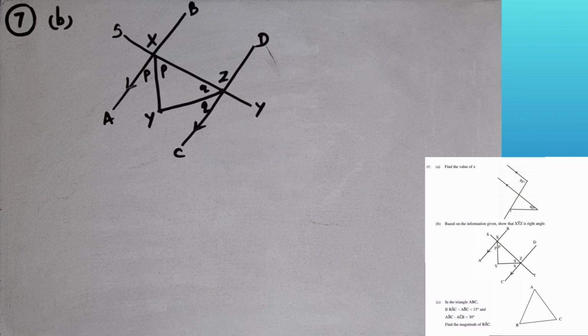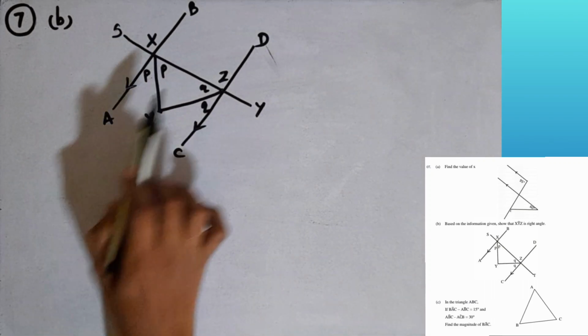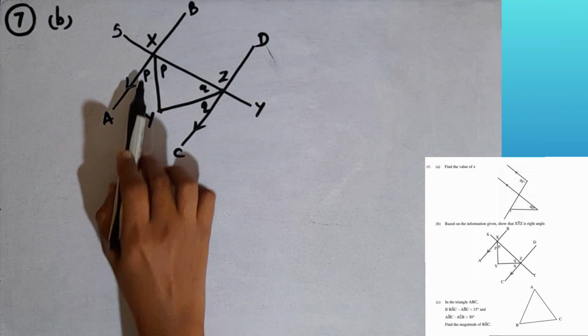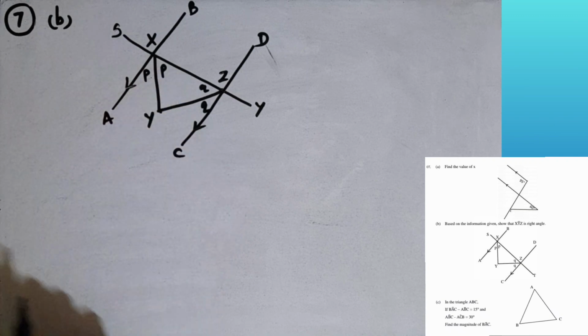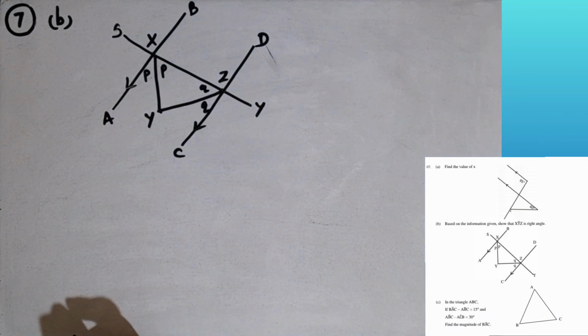B part. Based on the information given, show that XYZ angle is a right angle. Here, as these two lines are parallel lines, these two angles are allied angles. The sum of the allied angles is equal to 180 degrees.